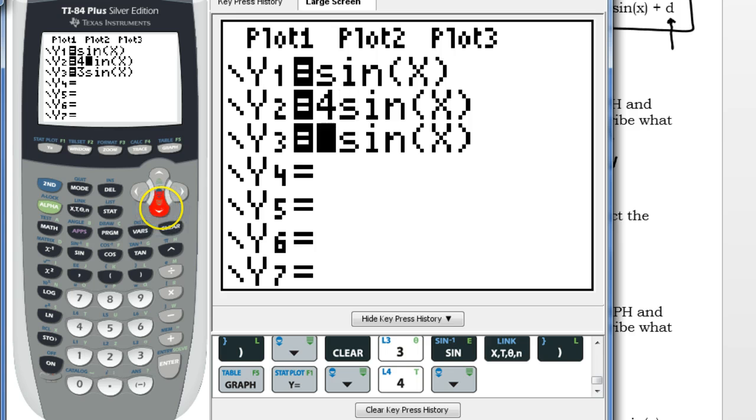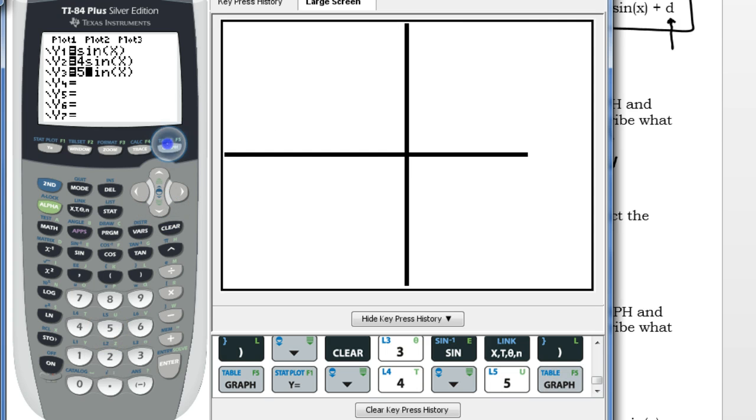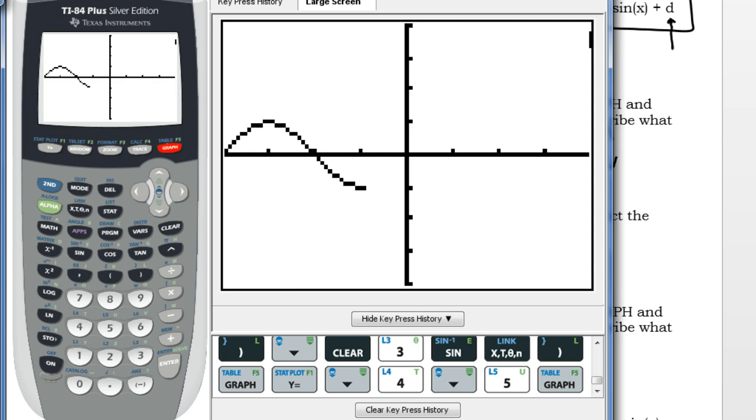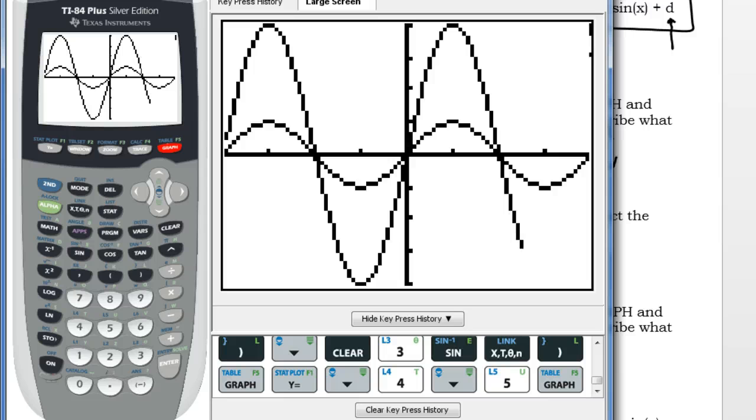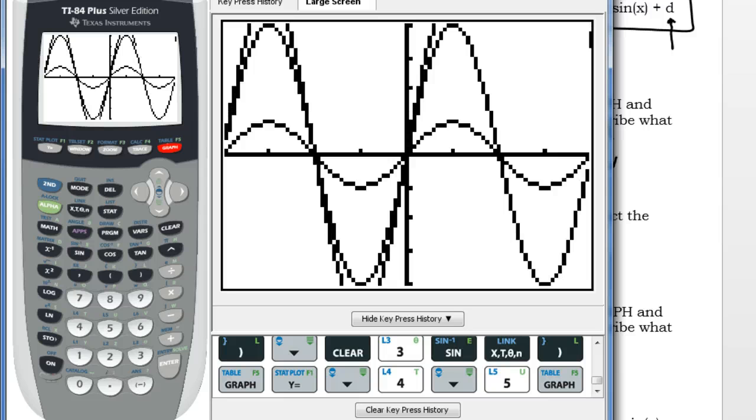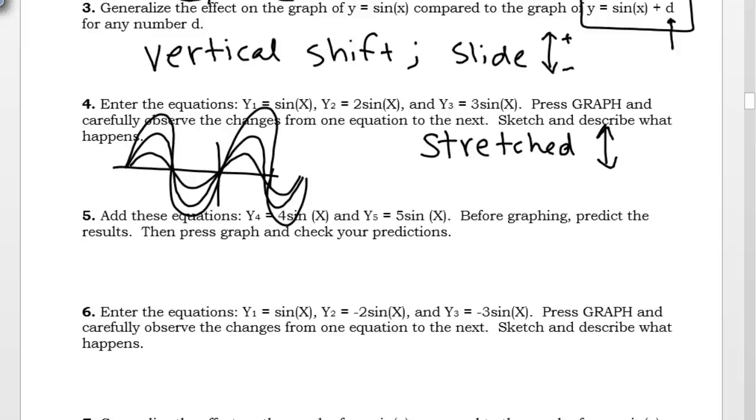There's a 4 sine x, there's a 5 sine x, graph those. And yeah, 4 got really tall, went all the way up to the top and the bottom of the graph. 5's even off the graph because my scale only goes to 4. But if I had zoomed out a little bit, I'd be able to see the top and the bottom of the 5 sine x. So stretched even more.